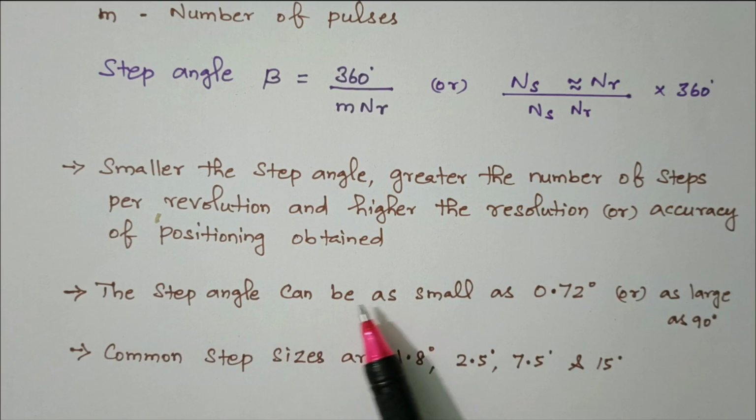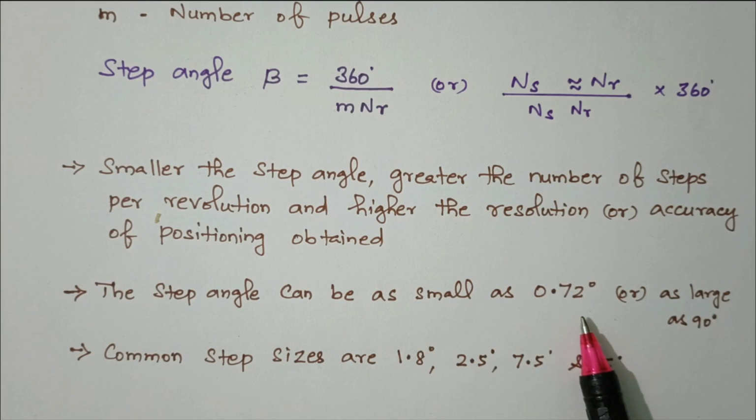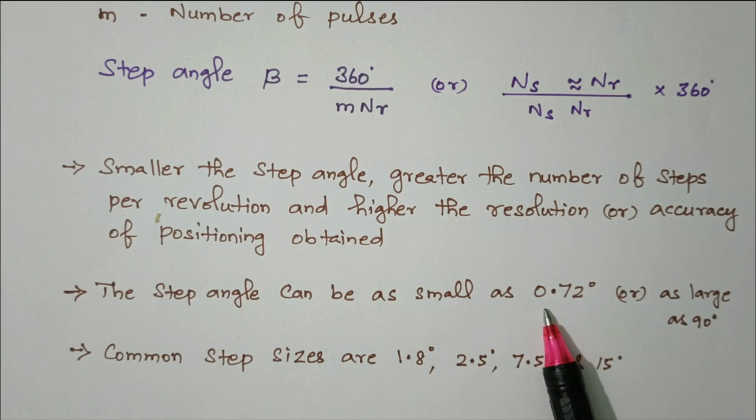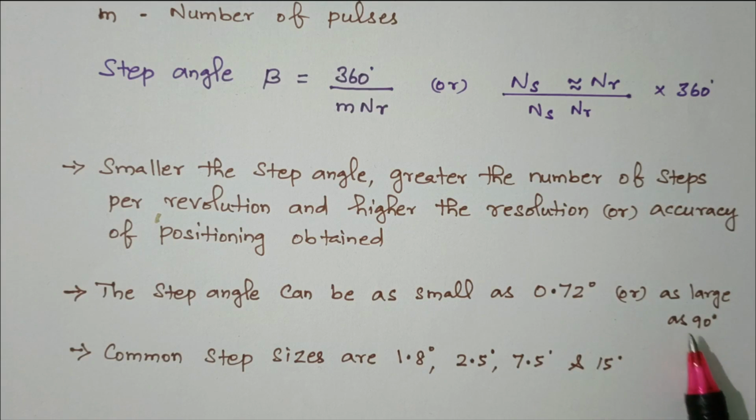The step angle can be as small as 0.72 degree, up to a maximum of 90 degrees. The common step angles are 1.8 degree, 2.5 degree, 7.5 degree, 15 degree. So based on the excitation of coils, we will get the different step angles.